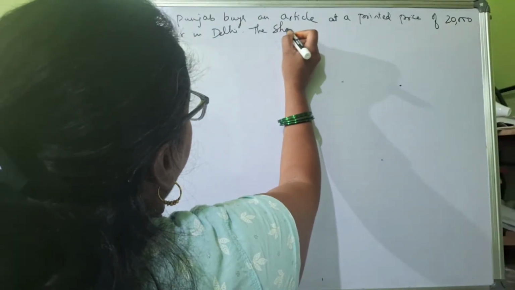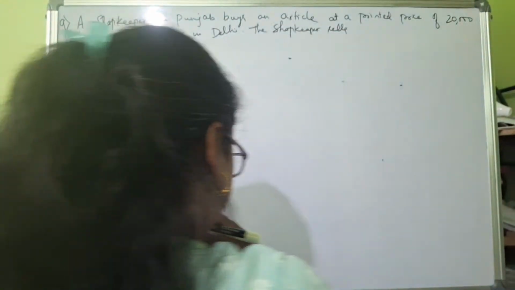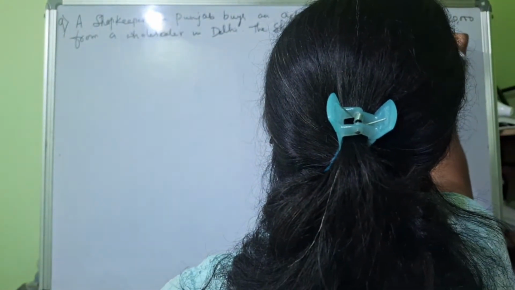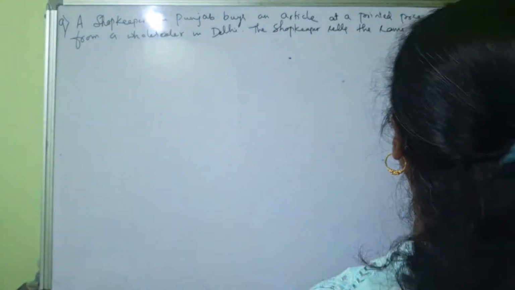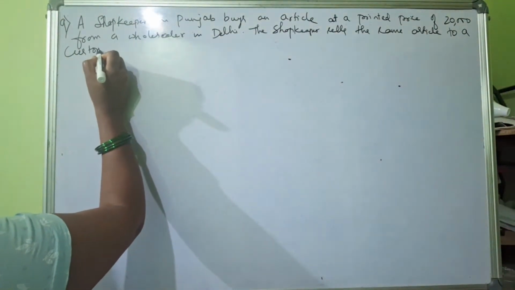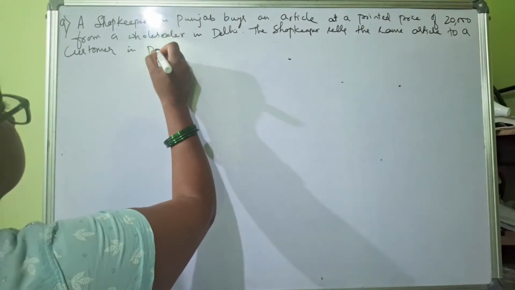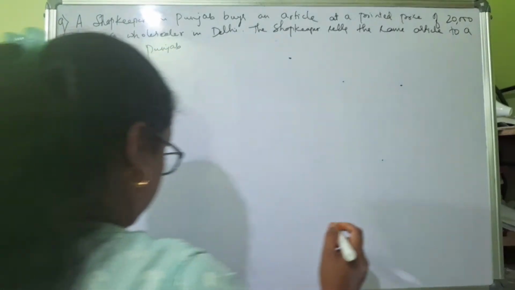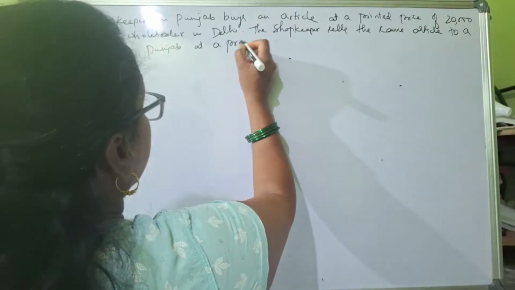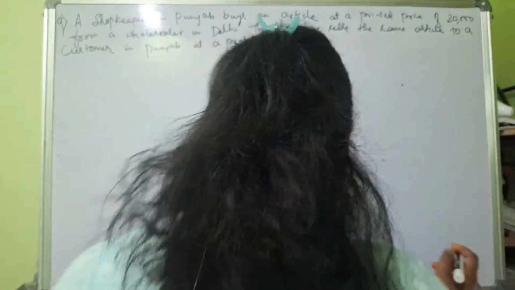The shopkeeper sells the same article to a customer in Punjab at a profit of 25% on the cost price.